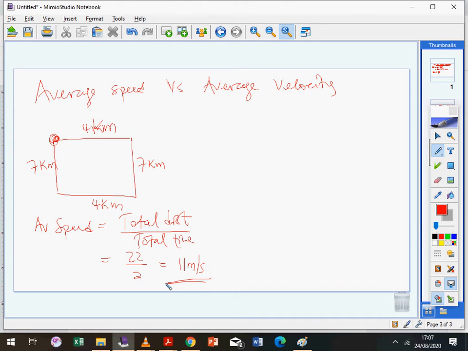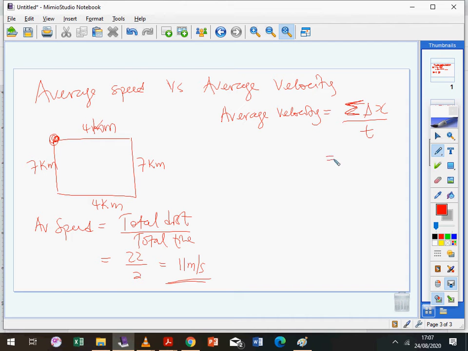Now, his average velocity, remember, average velocity, what would that be? Would be his total displacement, not distance. Would be his total change in displacement divided by the time. So this just means sum. This symbol means sum in mathematics. I hope you remember.